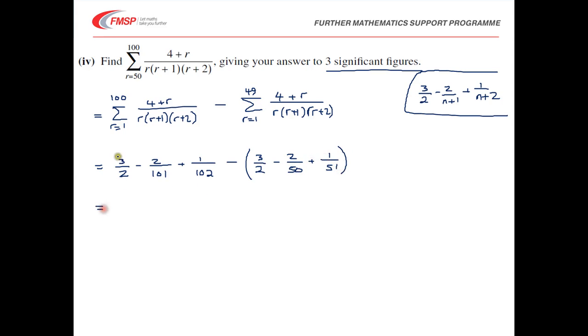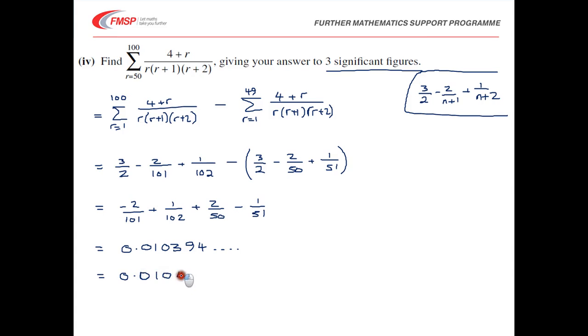So you can see that the 3 over 2's cancel, and I'm left with minus 2 over 101 plus 1 over 102 plus 2 over 50 minus 1 over 51. At which point I reach for my calculator, plug those in and get this out. It's worth writing it down to a few more places, and then rounding that to 3 significant figures is 0.0104.